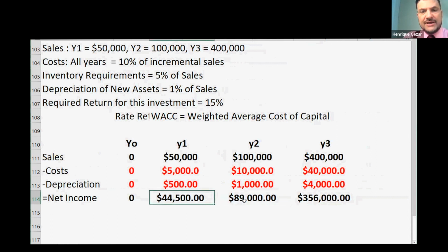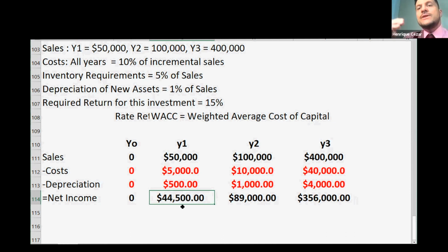It doesn't mean that you have 89,000 in cash. Imagine if this was all accounts receivable and nobody paid you. So even though you reported a profit of 44,500, if nobody paid you for the sales that you reported, then you have zero cash. So it's possible to have zero cash even though you had profit. I hope that's very clear for you.